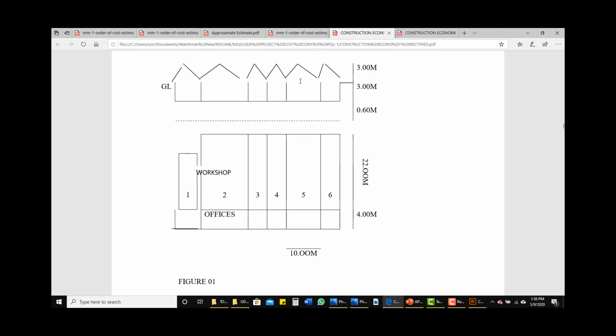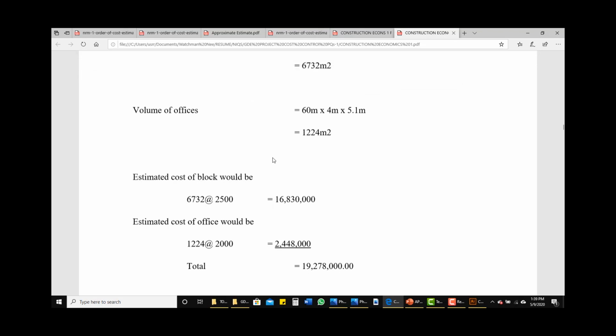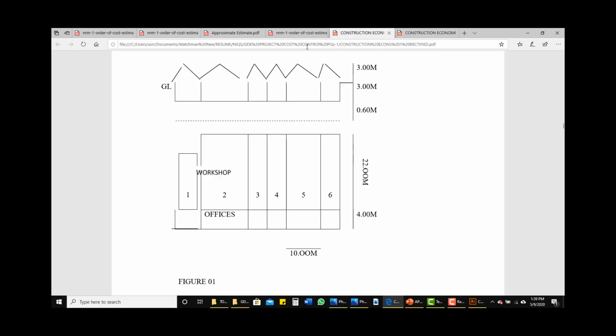Then another thing that I need to say regarding how you measure the height. Because we use pitch roof here, like I said, we measured from the top of the concrete foundation to halfway of the roof. Now, if the roof is a flat roof, then your height will be from the top of your concrete foundation up to 600 above that flat roof.